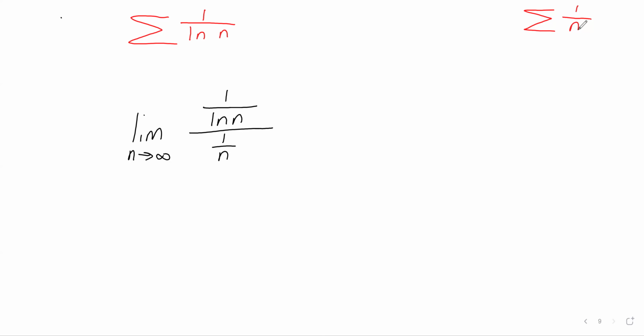Is this going to work perfectly? We'll find out in a second. So this is n over, and nope, this is going to fail. This is n over the natural log of n. This is going to infinity.